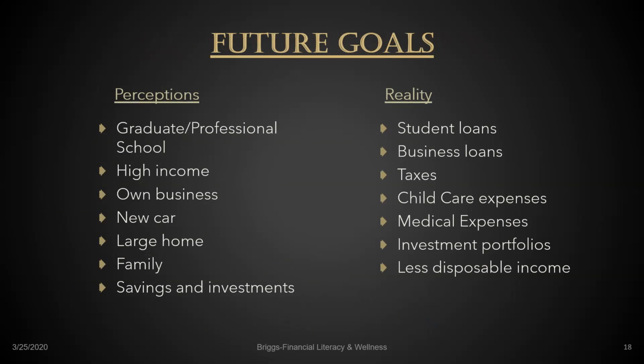If you didn't have a business partner or someone that could invest in your business, you had to take out a business loan. So now that's due. You've got to pay taxes because now you have income. Started a family, so now you have childcare expenses, medical expenses, entertainment expenses. Now your investment portfolio doesn't look as happy as you want it to, and you have less disposable income to support your family.